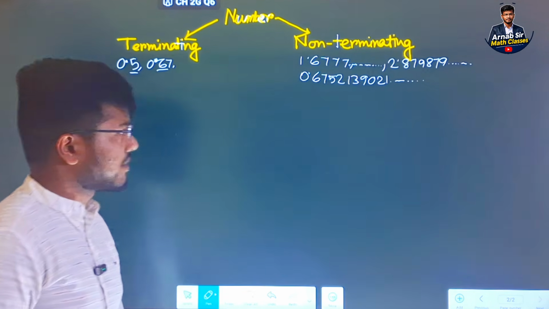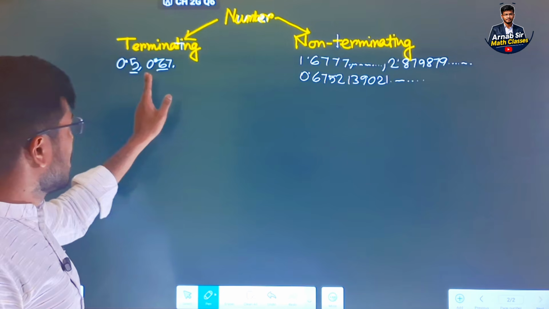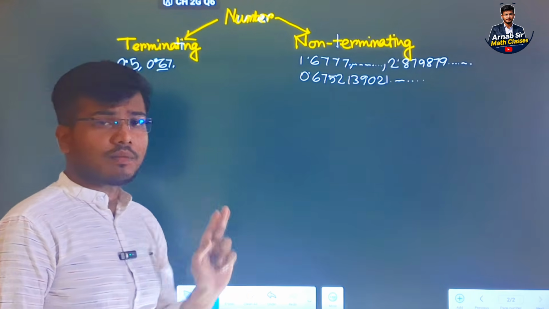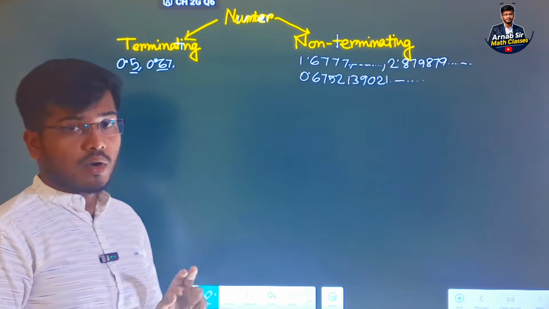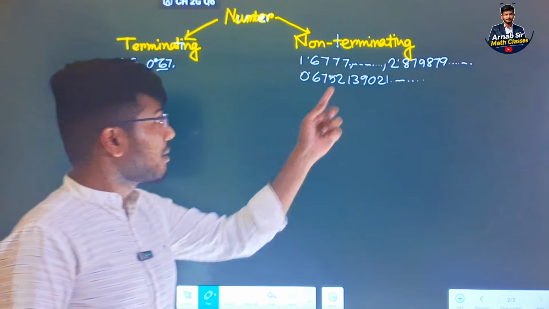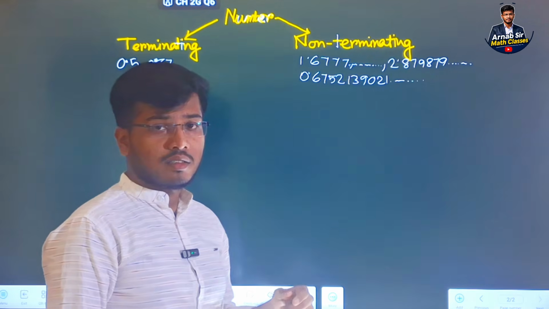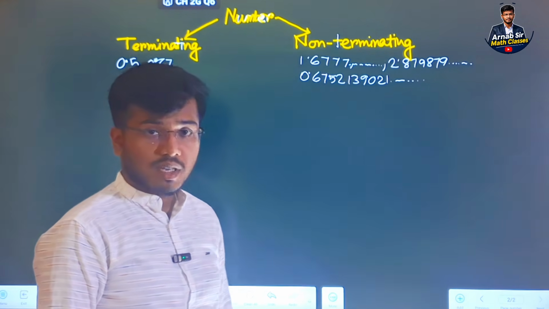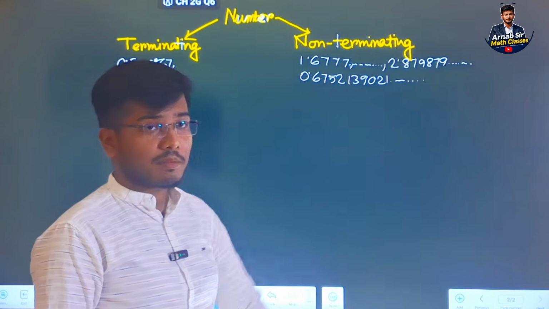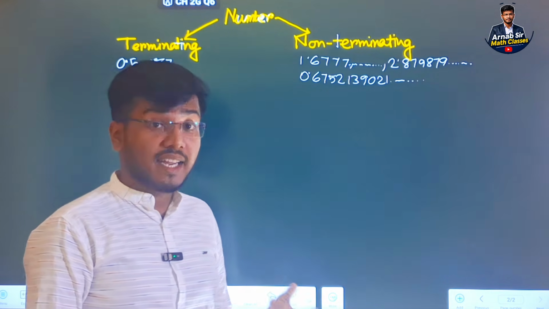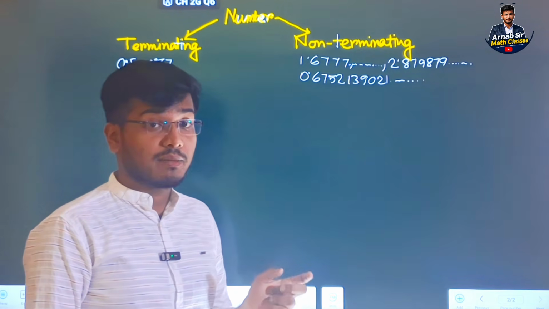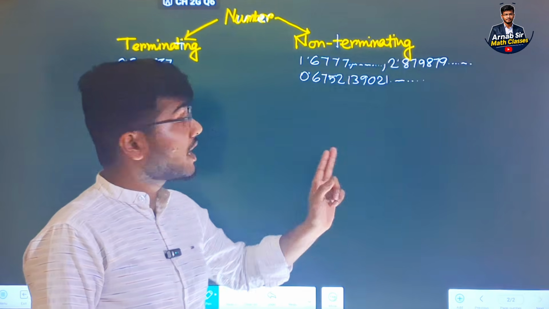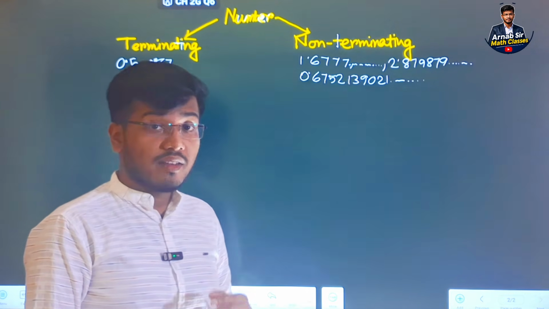So if you observe at first terminating number, then you observe the non-terminating number. Non-terminating means the number does not end. It goes to infinite number of terms. Terminating means it ends, but non-terminating means it never ends.